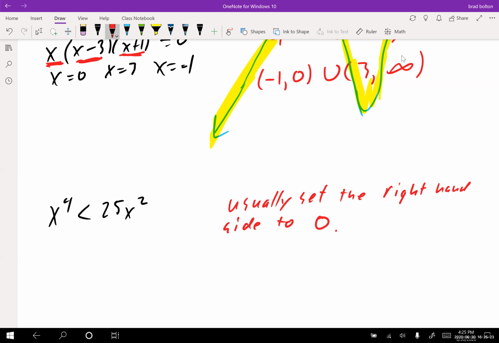Just in general, it doesn't have to be that way. There's multiple ways you could look at this. You could look at when is the fourth power polynomial less than the squared polynomial, and then you could just find those parts of the graph. That also works. That's one way to look at it. I really want to focus on the sign chart though, so we're going to do x to the fourth minus 25x squared is less than 0.